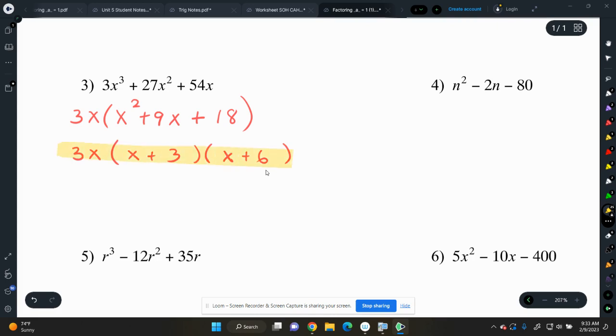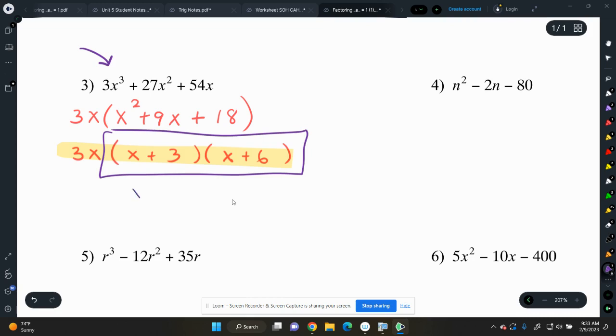Okay. Some of them are easier than others, right? What if we don't put the 3x in the front? Then it's wrong. The whole thing? Yeah. So just remember when you finish, if you were to multiply this back out again, it should equal that, right? If you only had this part here and I multiply it back out, I'm going to get x squared plus 9x plus 18.